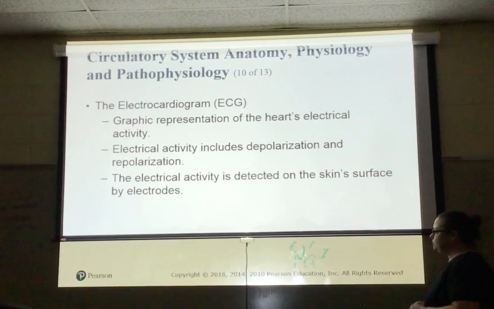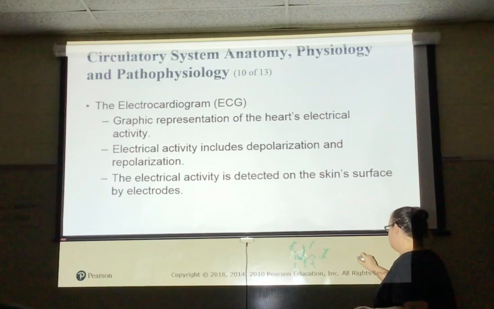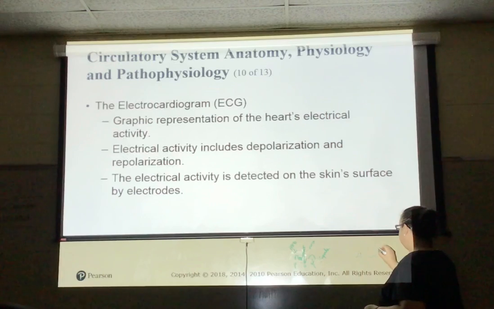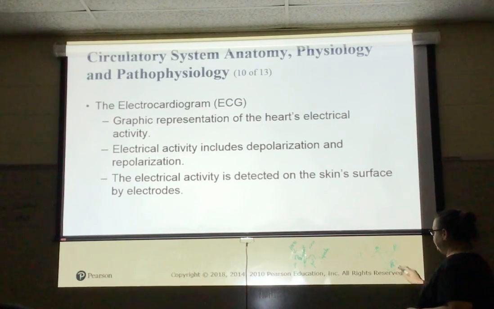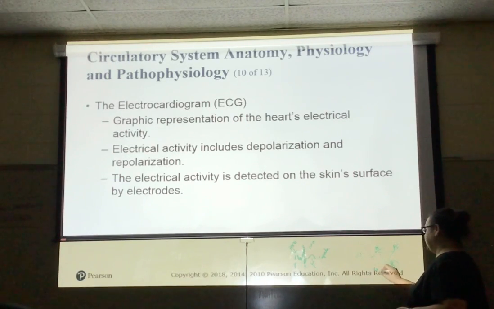The 4-lead looks at this triangle. You put the white up here, black goes down here, and red goes over here, and then you put the green one over here.